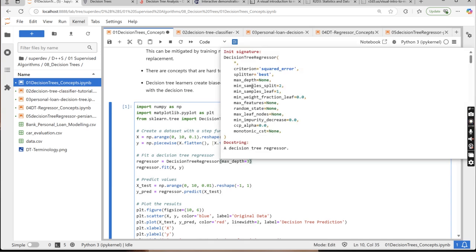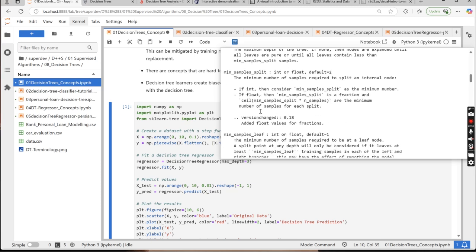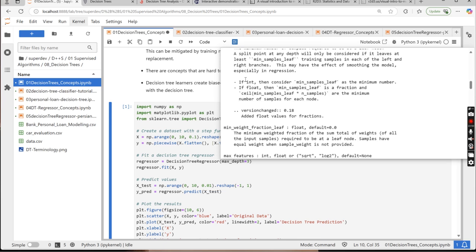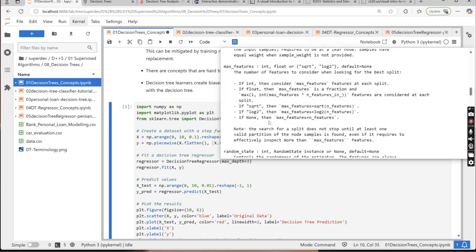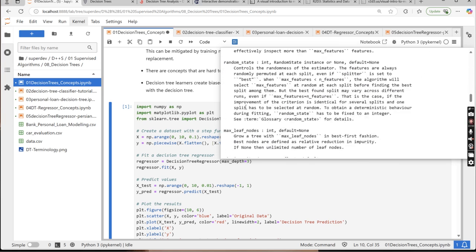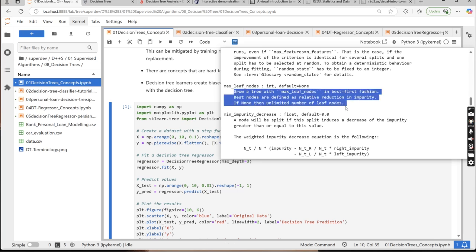Either max depth is reached, and there is one more, 1 second, I'll show you. Minimum sample split, minimum weight, max features. Yeah, so either the max leaf nodes are reached.